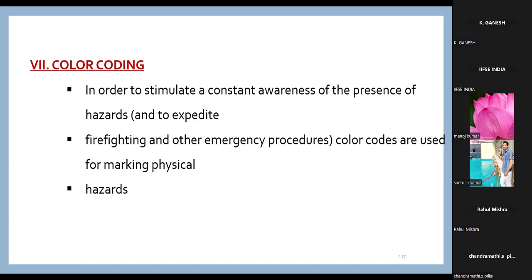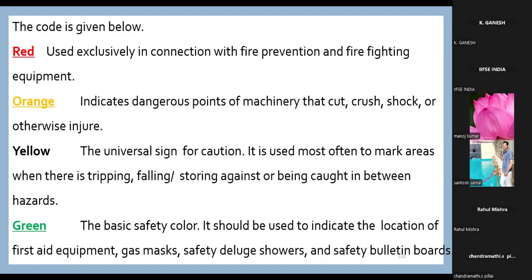Now, in order to stimulate constant awareness of the presence of hazards, color coding is used, for example for firefighting and emergency procedures. Color codes are used for marking physical hazards. I'll take this part as a separate lesson, but this is just for your information in the basics. The color code red is used for fire.